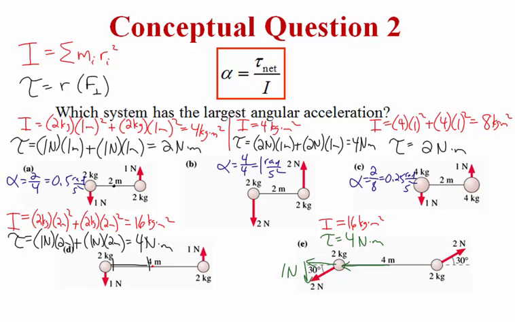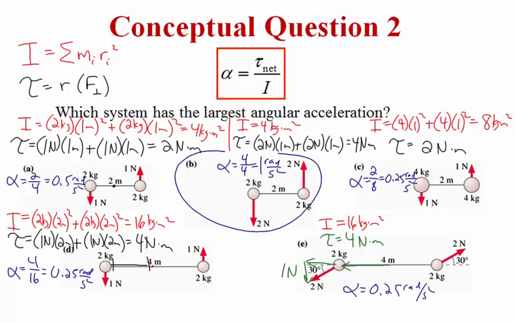And again, we said D and E are both going to be the same. So the angular acceleration in case D is 4 divided by 16, which is also 0.25 radians per second squared. So both of those are identical. And so D, E, and C are all 0.25 radians per second squared. A was a half of a radian per second squared. And finally, B is the largest angular acceleration of 1 radian per second squared.